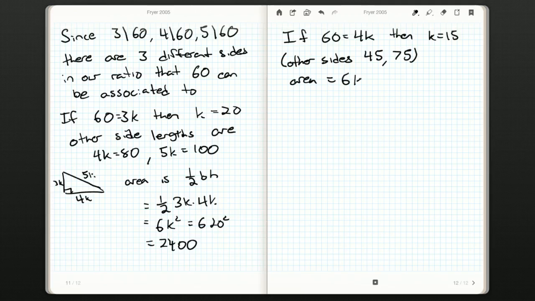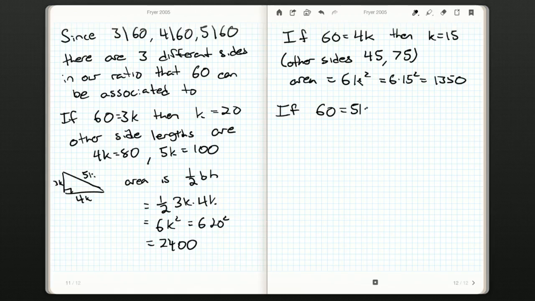The area we know is going to be equal to 6k squared. So that's 6 times 15 squared, which is 225. That's 1350. Okay.